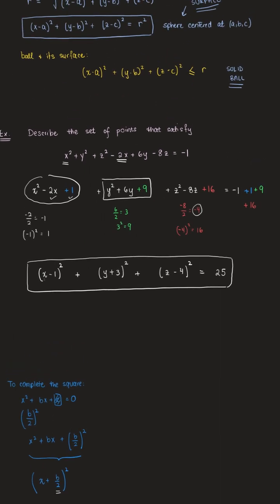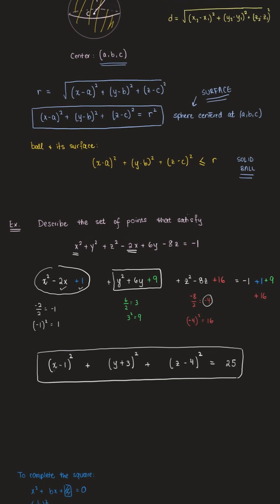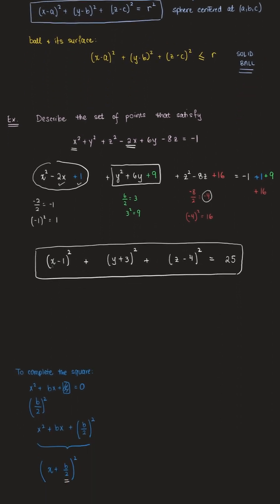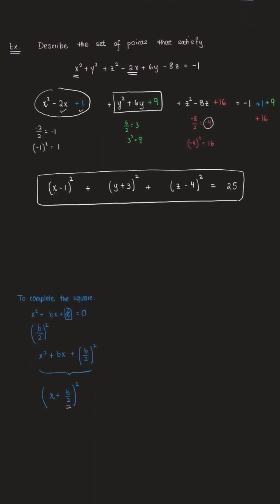So if you look back at our equation of the sphere up here, this sphere is centered at a, b, c, which means that the sphere that we have down here, this is a sphere, the surface, with center 1, -3, 4. I get that from here, here, and here.